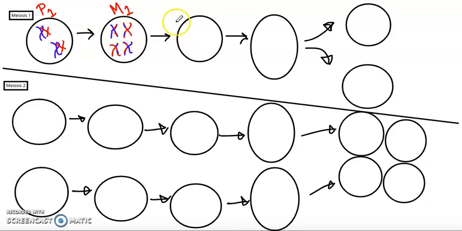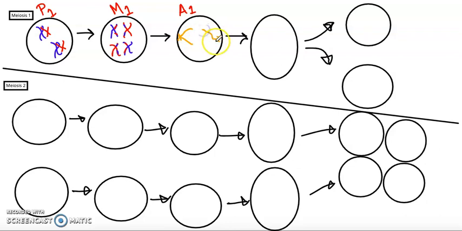Okay, then after metaphase 1, we have what? PMAT, A for anaphase 1, right? And that's when we've got your centrioles over here. Remember the centrioles are where the spindle comes out, and then you have the spindle fibers reaching out like this.